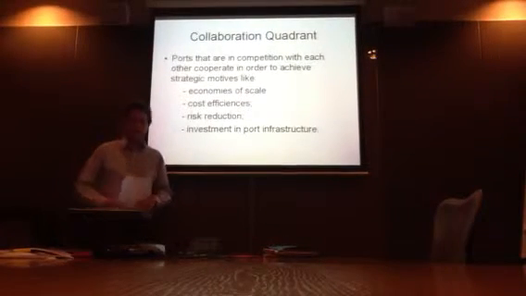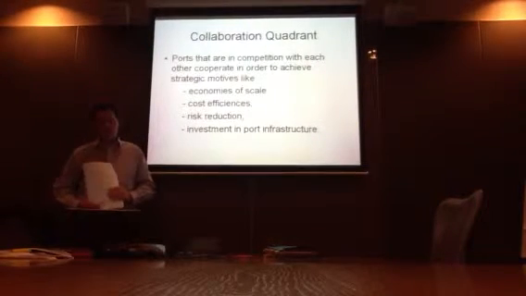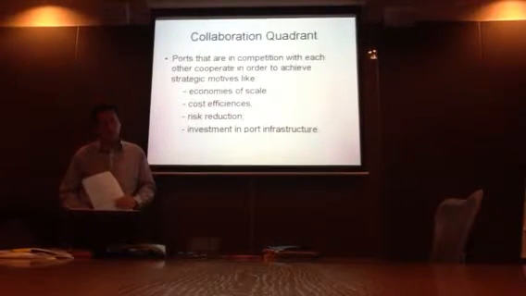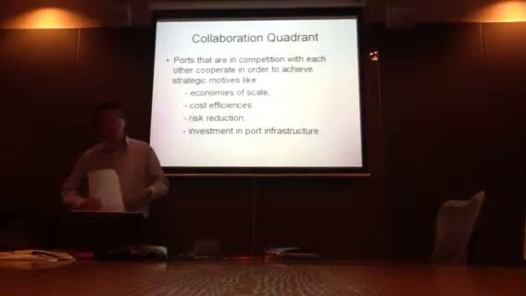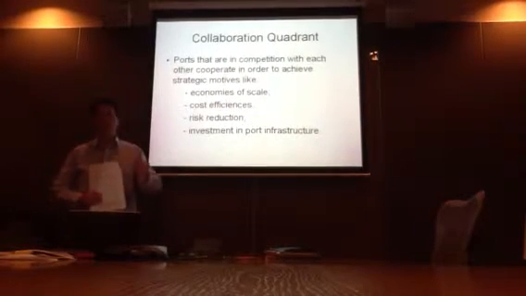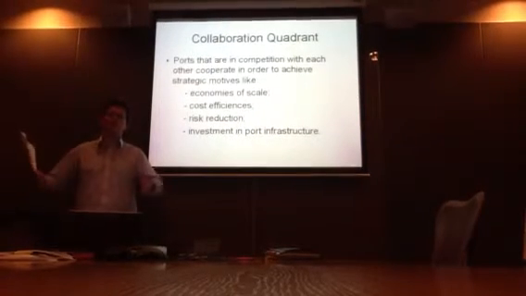Then on the top right-hand side, we have what we'll call the collaboration quadrant. Ports that are in competition with each other can cooperate in order to achieve strategic motives. Now, this could be most commonly things like economies of scale, cost efficiencies, for example, investing in infrastructure, reducing risk by pooling resources together.